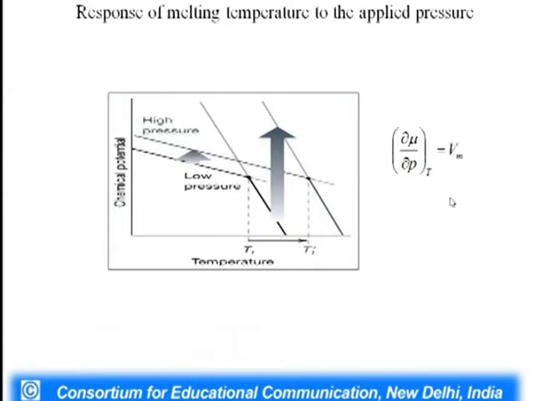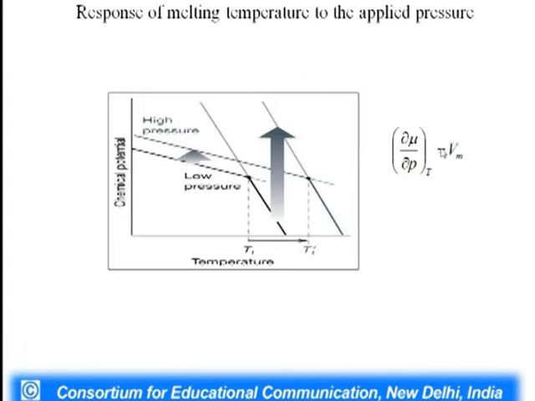Now the question is, we have two components, solid and liquid. So you see this is your solid and this is your liquid. If I apply pressure, what will happen? Chemical potential will increase for solid, and chemical potential will increase for liquid. How does it affect your melting temperature, that is what we are going to discuss here.